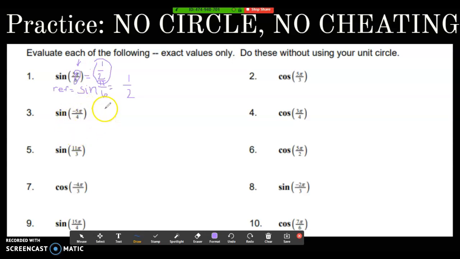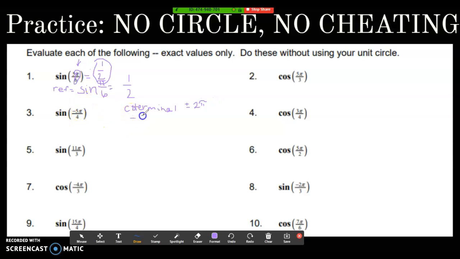Do you remember finding coterminal angles? With our coterminal angles, we had to add or subtract 2 pi. If we were in degrees, we would add or subtract 360.